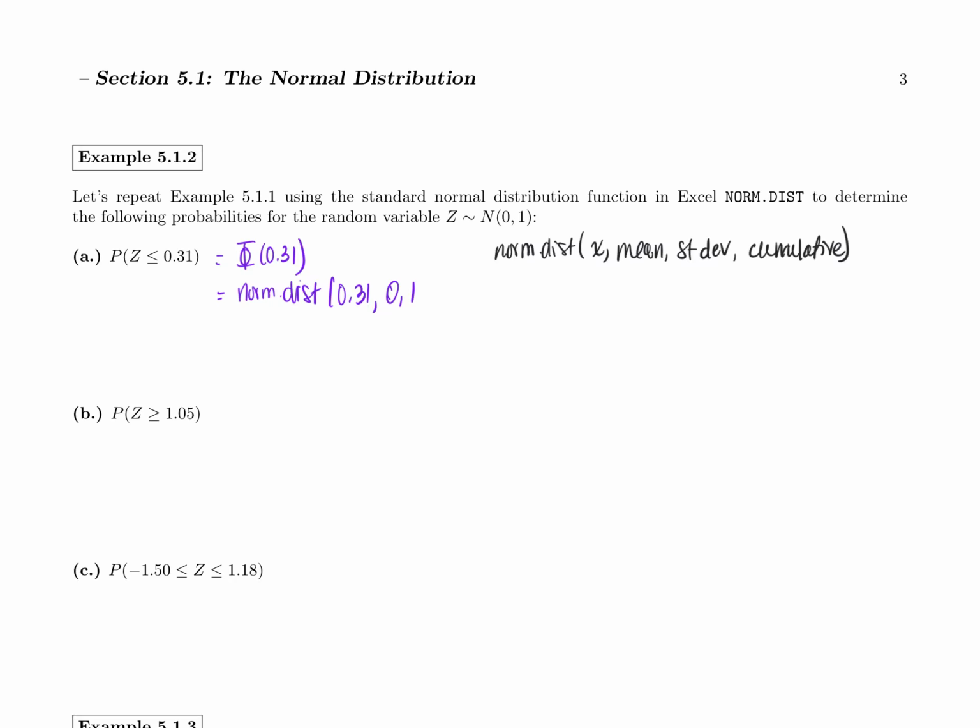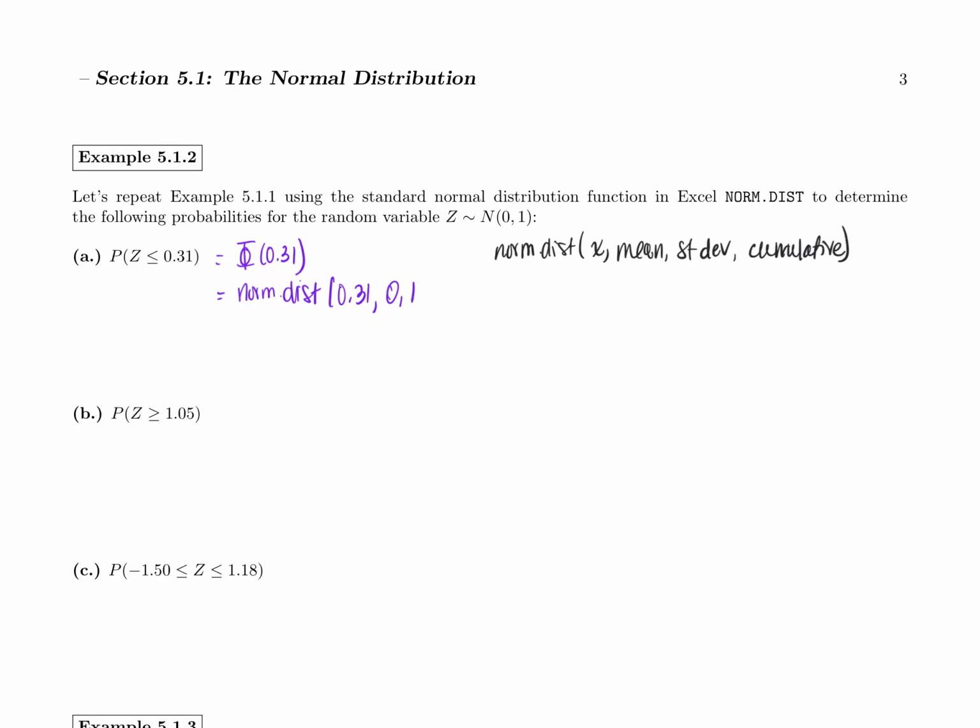Please note that a lot of the time when we're writing out the distribution of a normal variable, it is mean, comma, variance, whereas Excel is mean, comma, standard deviation. So you're going to have to take the square root of your variance to put it into your standard deviation in Excel.